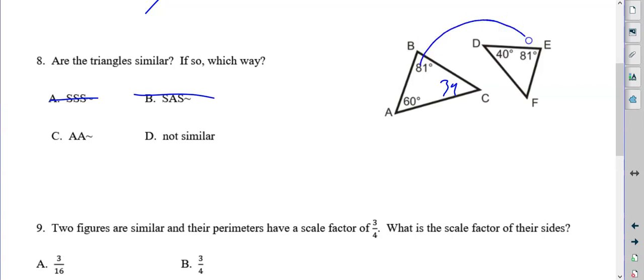Well, obviously 81 and 81, 39 and 40 are not the same, so F's not going to be the same. But let's prove it. 81 plus 40, subtract it from 180, and we get 59. Okay? So the only two that match up are the 81s. So we only have one angle the same, so that's D, not similar.